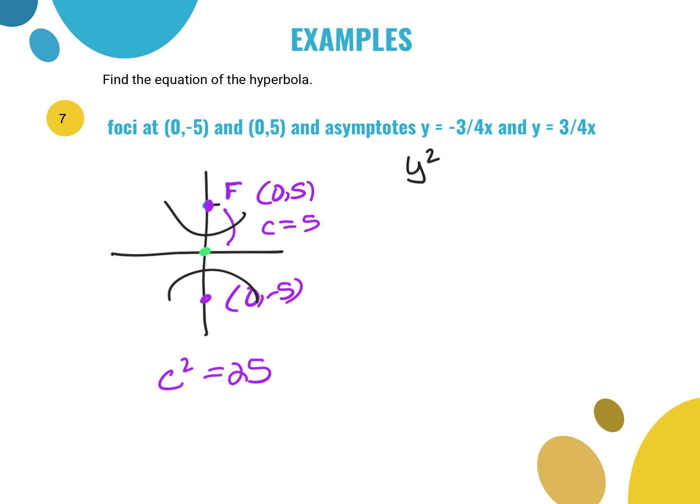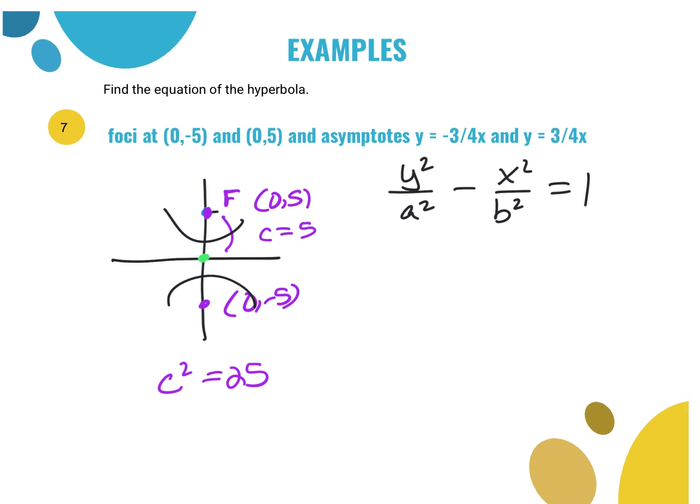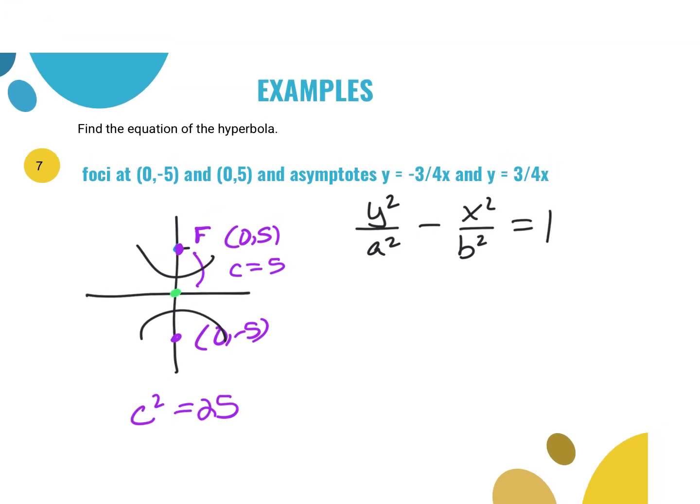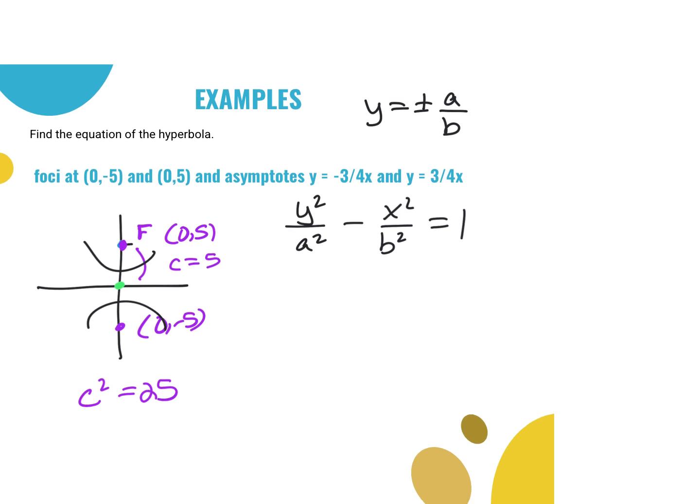So I'm going to be filling in y squared over a squared minus x squared over b squared equals 1. Remember, when it's transversing or it's vertical, the asymptote is going to be y equals plus or minus a over b. So again, I can go ahead and set up a proportion here.